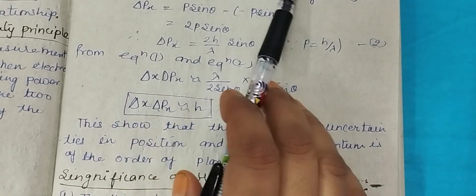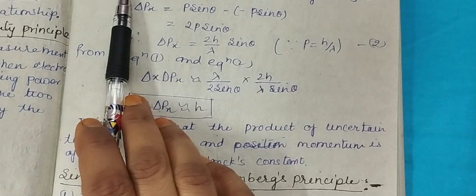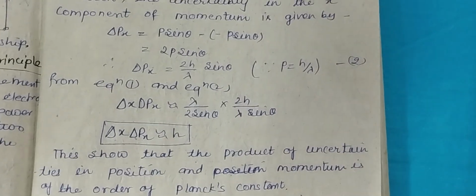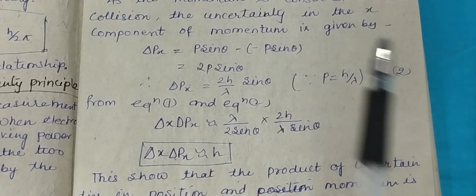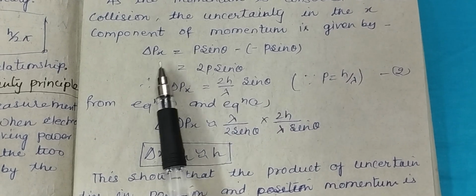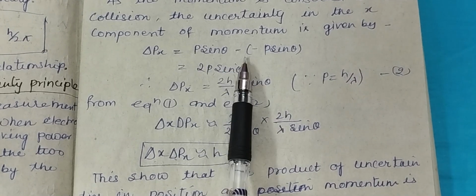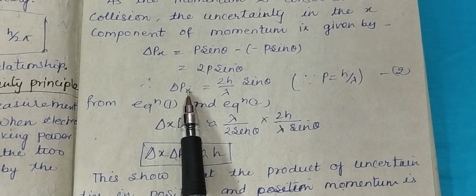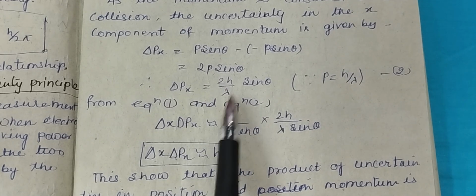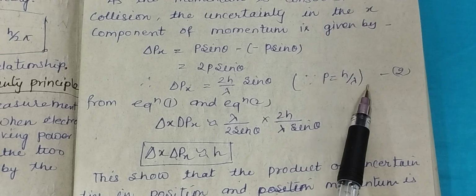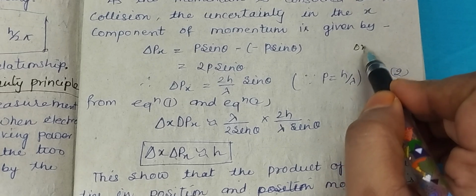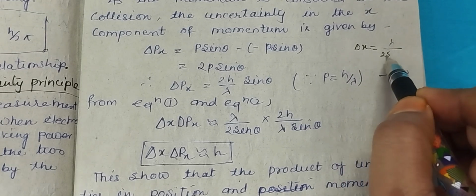As the momentum is conserved in collision, जब ये टकराएंगे, the uncertainty in the x component will be px equal to p sin theta minus (minus p sin theta), that is 2p sin theta. So px equal to 2h sin theta upon lambda, because we know that. From equation 1 we have delta x equal to lambda upon 2 sin theta.